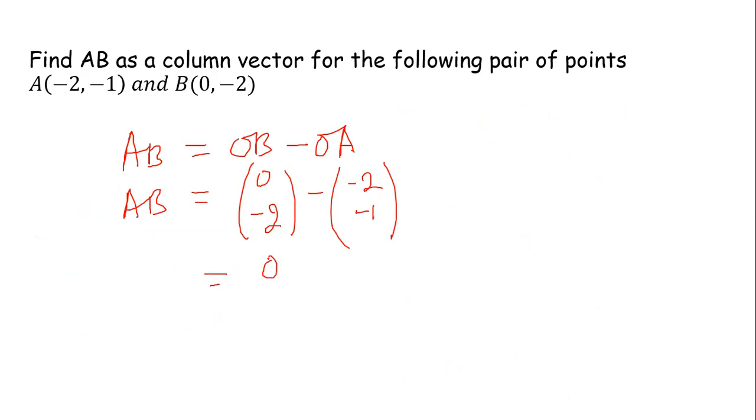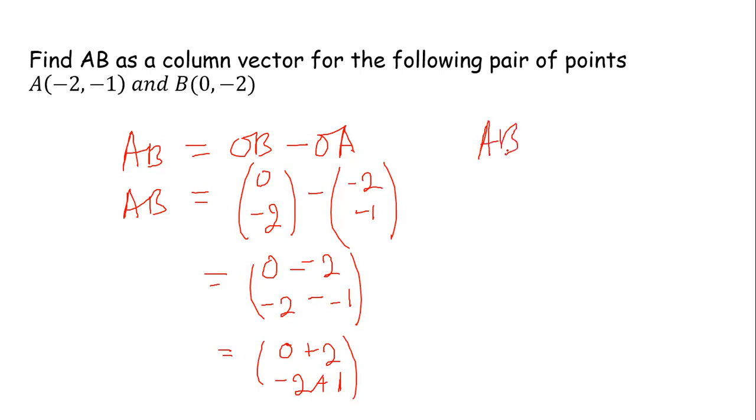So we go ahead: 0 minus minus 2, then negative 2 minus 1. So negative followed by negative gives us positive, so this would be written as 0 plus 2, and the lower one, negative 2 plus 1. Then now our AB is going to be equal to 0 plus 2 is 2, and negative 2 plus 1 gives us negative 1. So that would be our AB.